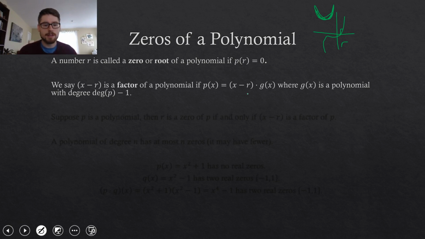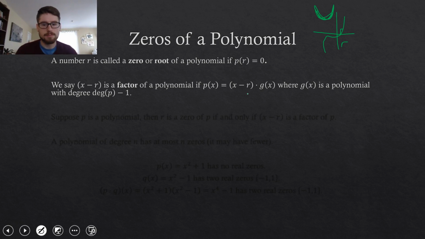And then there's a link between these. We'll talk about this link a little bit later, but here, another important term for polynomials is that they also have factors. And a factor can be written like this: x minus some number, x minus r, for example. And we say it's a factor if you can write the polynomial as x minus r times g, where g is another polynomial. And in fact, g is going to be a polynomial with degree 1 less than p, right?